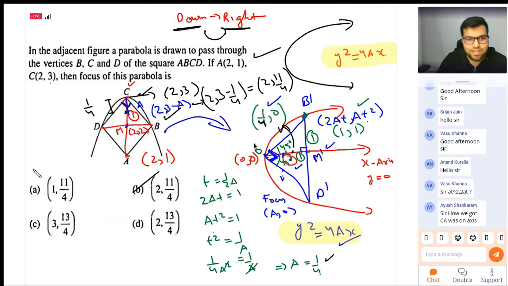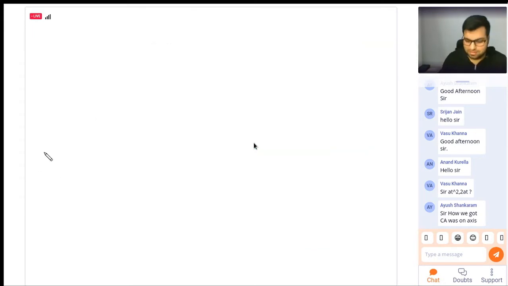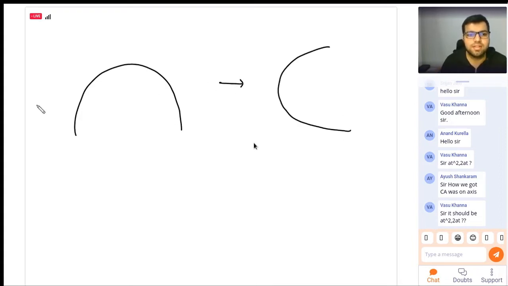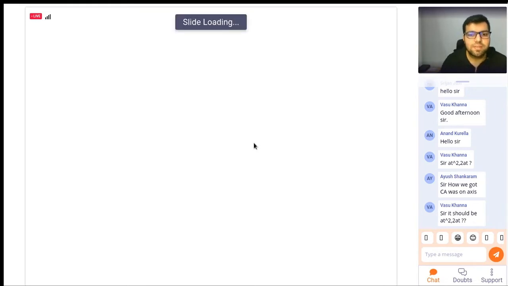One second. Copy doubts. So it should be at square. See what I've done. This is the parabola downward. This is the right facing parabola. I will be a little slow this time. So 2 comma 3 and 2 comma 1.